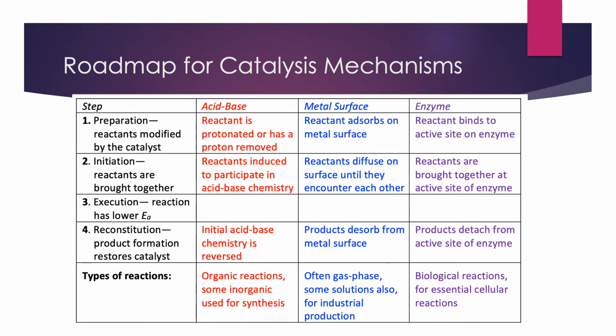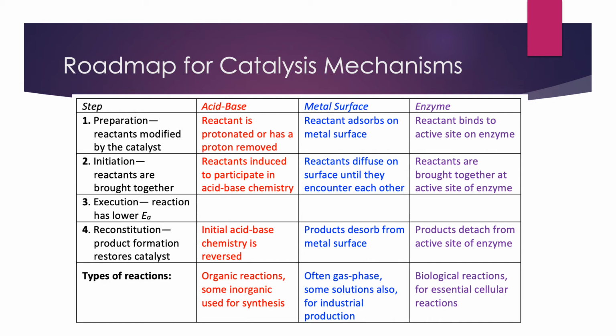It may use surface catalysts to induce those reactions to happen a little bit more quickly so they can save money. And the third type of catalyst is enzymes, and what tends to happen in enzymes is that they prepare their molecules for reaction by having the reactant bind to what is called an active site on the enzyme. That's a particular place on the enzyme where the reaction can occur. Once it's there, the reactants are brought together at that active site, and that's where the reaction then occurs.